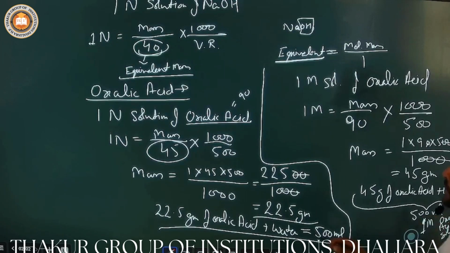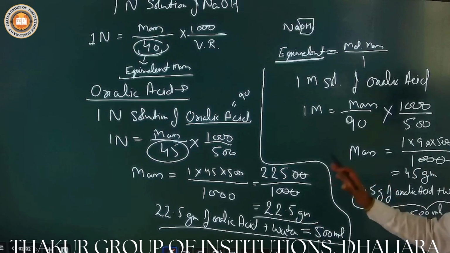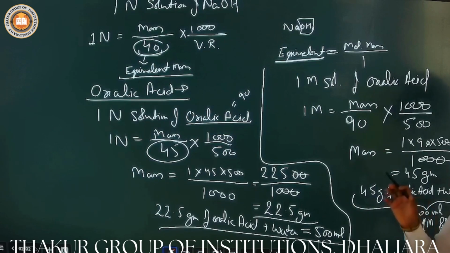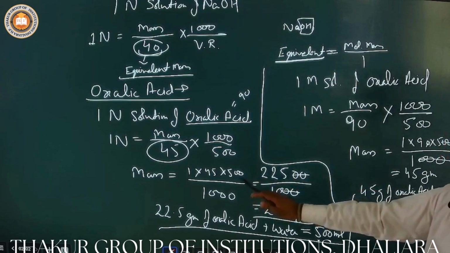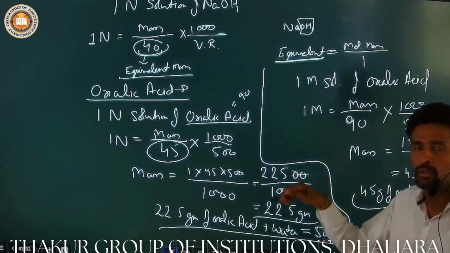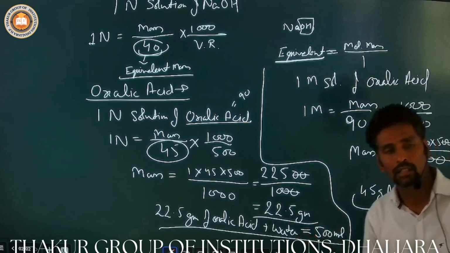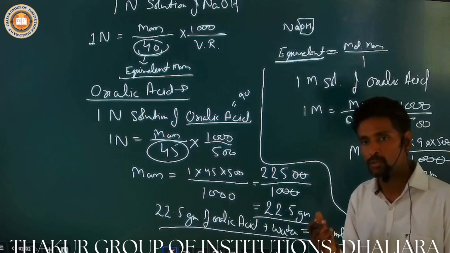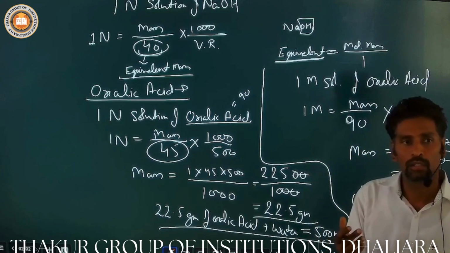Okay, so it's a basic discussion that I have done about the normal and molar solution. Till now, I have only discussed the solid case. Now let's focus on the cases when your solute molecules are in the liquid phase.